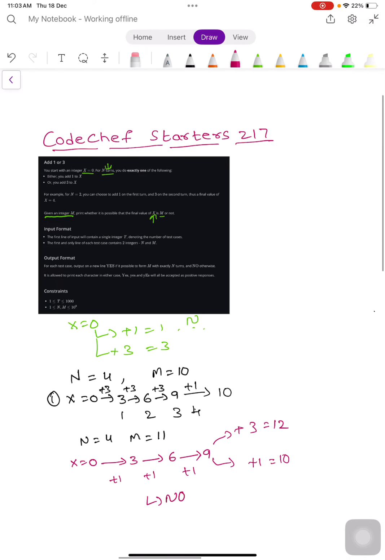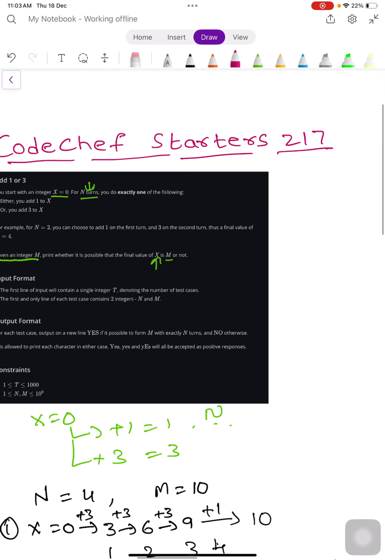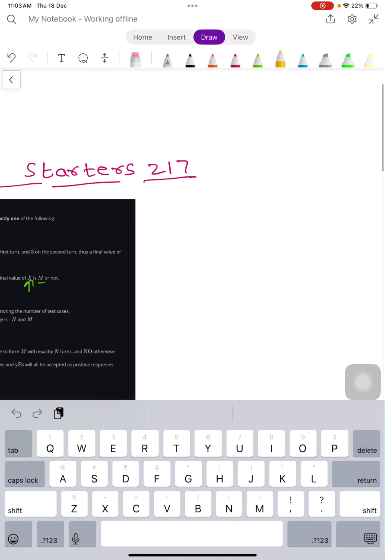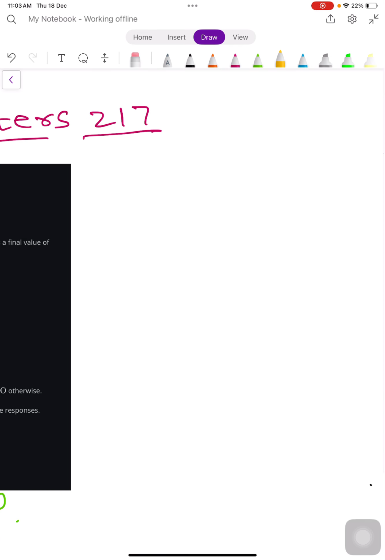Okay, so let's try to build some intuition from this. Let's say you are given the number of moves as n. In one move you can either add plus 1 or plus 3 to your x.